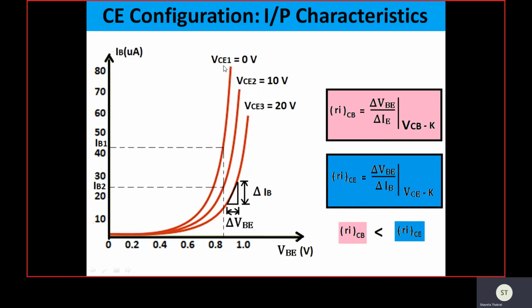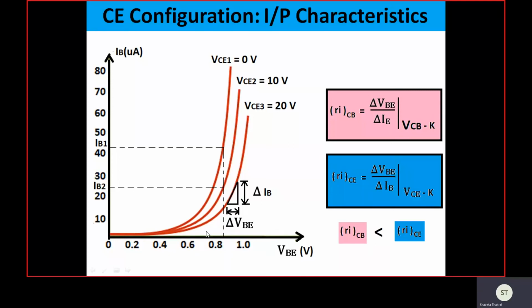If we keep VCE constant, we have one curve, and let's say we change the value of VCE, then we have another curve, and if we further change the value of VCE, then we have another curve. So in this graph we can see a family of three curves for three different values of VCE.